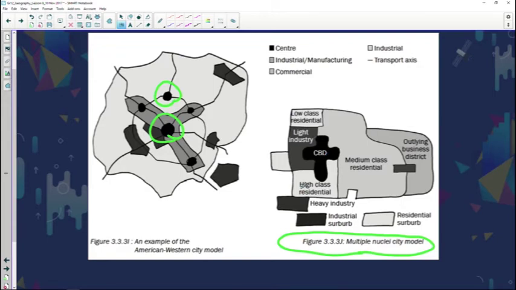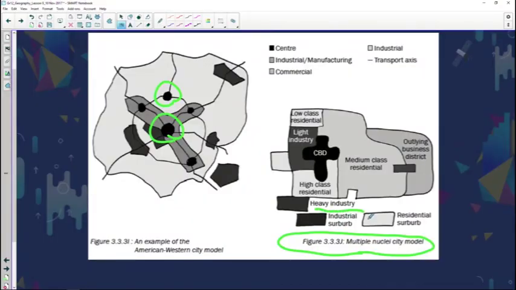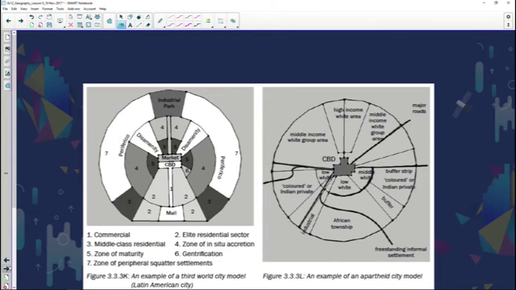You've got your light industry surrounding the CBD, then you've got your low-class residential areas closest, that's the zone of decay. Your high-class residential areas, and your heavy industries basically on the rural-urban fringe because of the amount of pollution. There's the outlying business district, and there's your middle-class residential areas. Outlying business districts is where others provide services outside of the CBD because the land is cheaper and it's less congested.